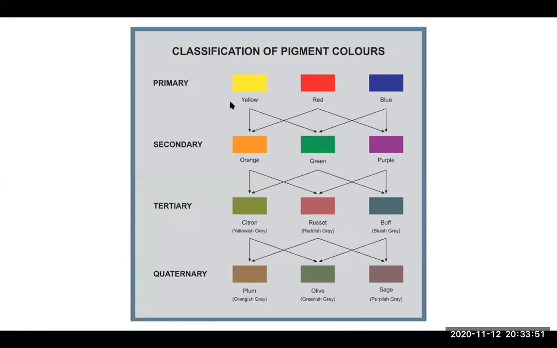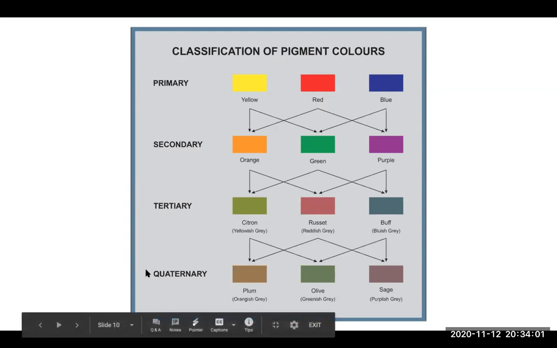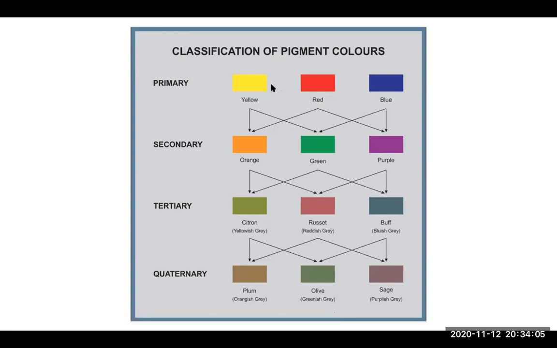So we're going to work on a color wheel that shows us the primary, secondary, tertiary and quaternary colors. So we get that red and yellow make orange. We covered that. Let's talk about the secondary to the tertiary colors. So we're going to start looking at the in-betweens here.